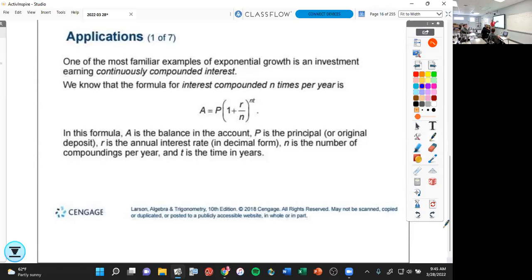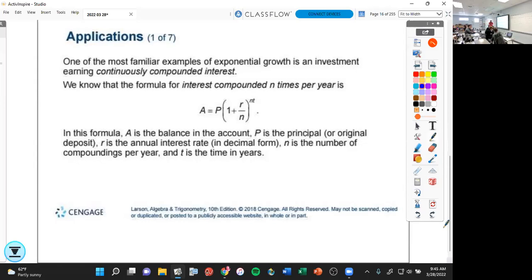What's 3% divided by infinity? Approximately nothing. But it's raised to the infinity power. So basically you have 1 raised to the infinity power, which is 1, right? So you're not going to see a whole lot of difference between daily compounding versus continuous compounding.